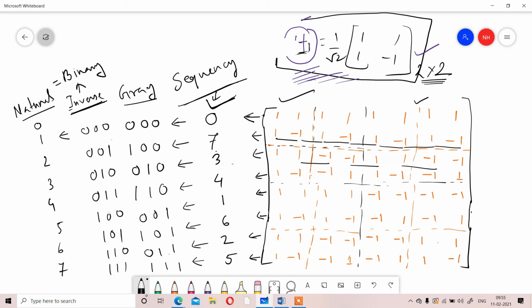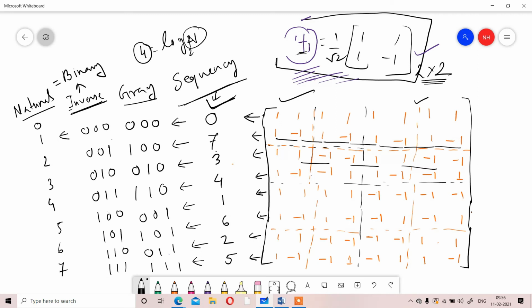If we consider order 4, the sequential order will be from 0 to 15. With n equal to 4, the size is 2 to the power 4, so 16 cross 16.